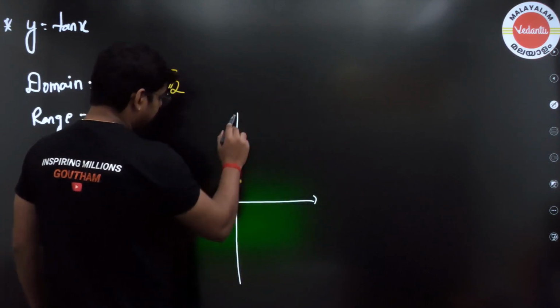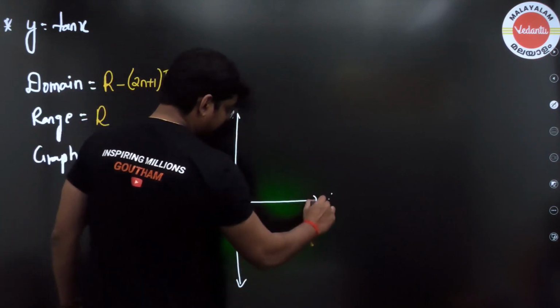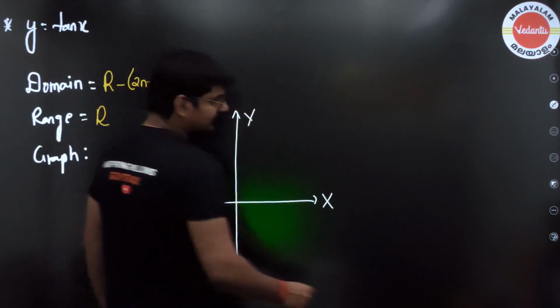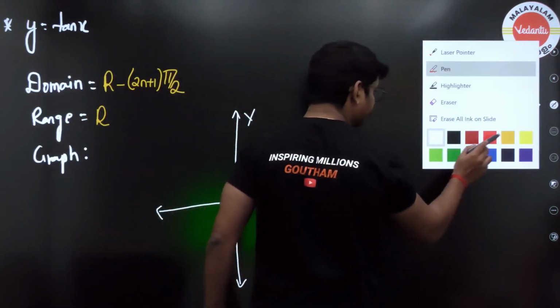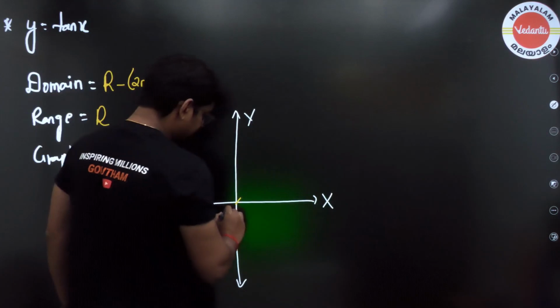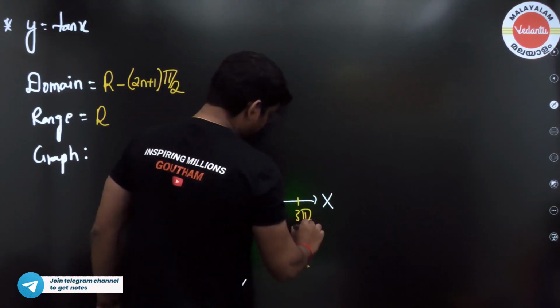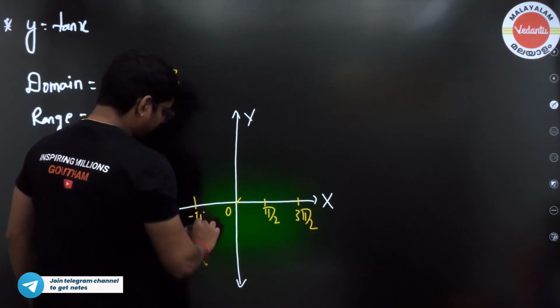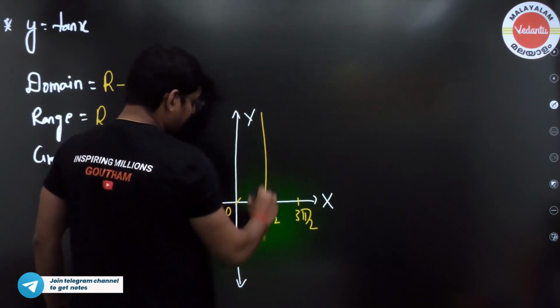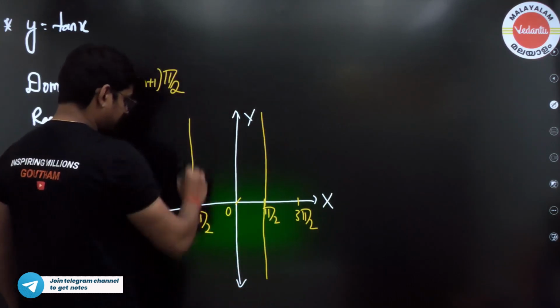Okay. So you can see here, this is going to be your x-axis, this is your y-axis, and let me just draw the points here. So let's say this is 0, this is pi by 2, this is 3 pi by 2, and this is minus pi by 2. And let me just draw the lines like this, okay.